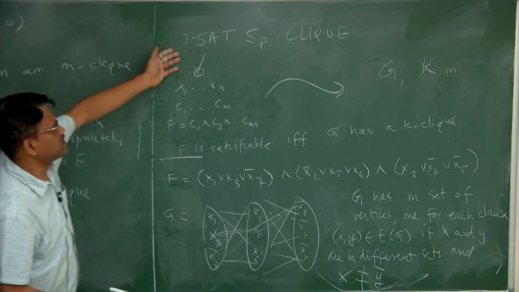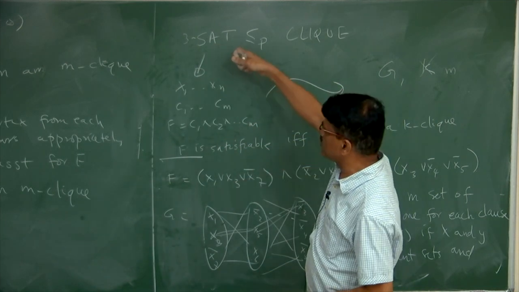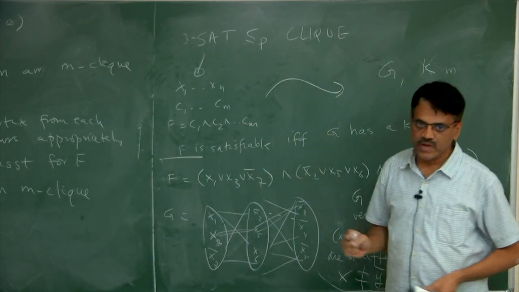So, I have shown that this reduces to this. This is already known to be NP complete. We have already also shown it to be in NP. So, that makes this problem NP complete.